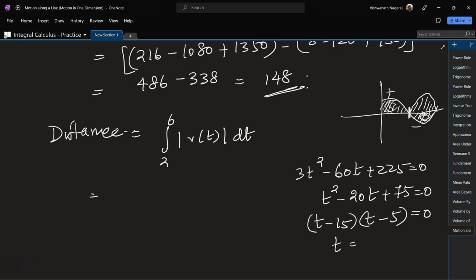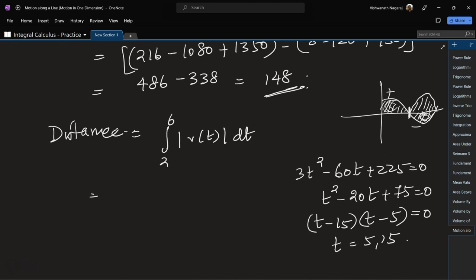That means t is equal to 5 or 15. That means at these points it crosses the x-axis. But our interval is 2 to 6, right? So we are not really bothered about the 15 part of it. We can stop at 6 itself.